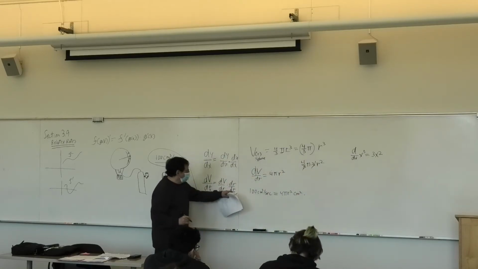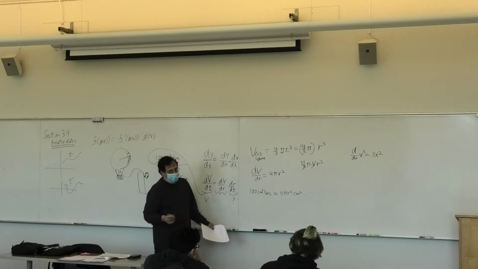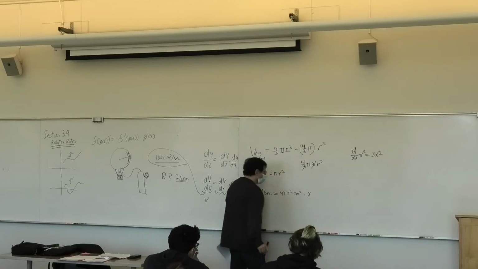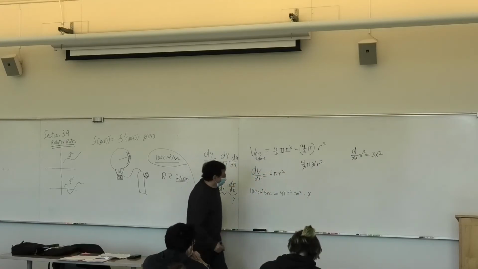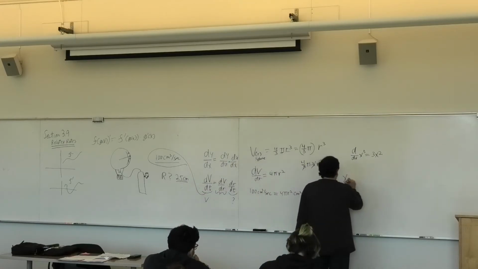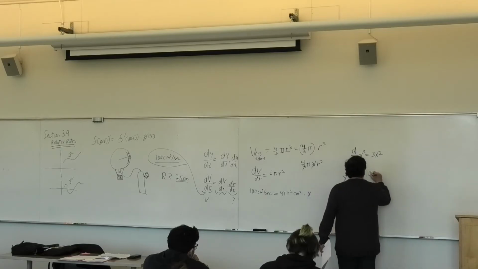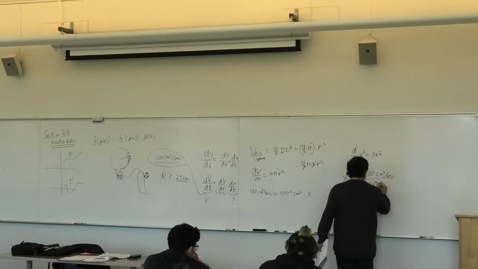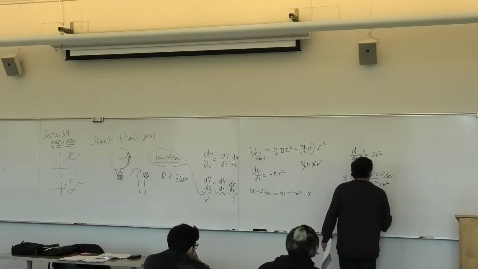Times dr dt, which is what we're looking for, so I'm just going to call it x. So x is equal to 100 centimeters cubed per second over 4 pi r squared centimeters squared.